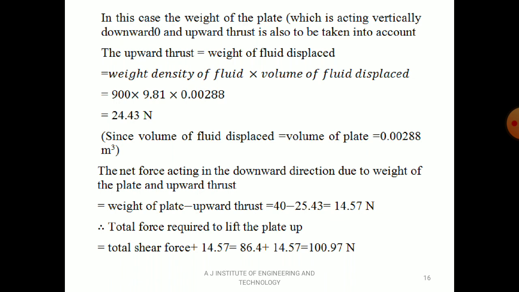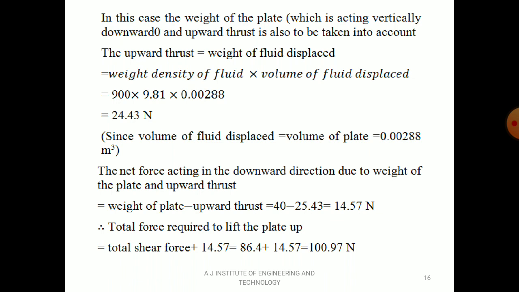The net force acting in the downward direction is due to the weight of the plate and the upward thrust. So you have to calculate that net force: weight of the plate minus upward thrust. The upward thrust equals 900 into 9.81 into 0.00288, so that is equal to 24.43 Newton.